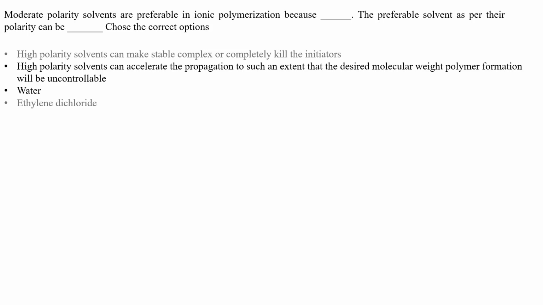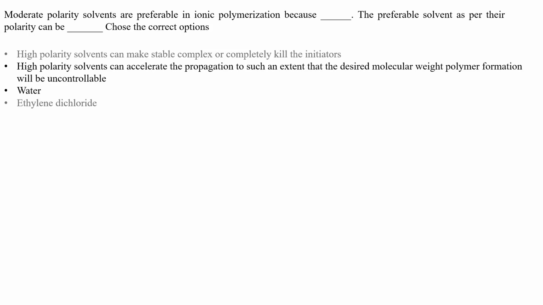Why? Because high polarity solvents are very good for initiating the reaction and accelerate the propagation at a fast pace. But once the propagation starts, the polarity difference between the high polarity initiator and the propagating species is very large.